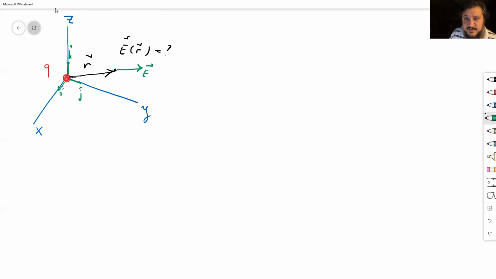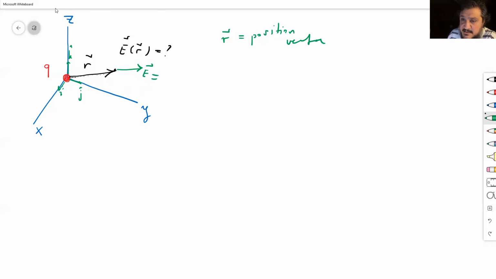Or you can just stick with the R, right? R is your position vector. Now, in this case, the direction of E is the direction of the position vector, right? That's what radially outward means.